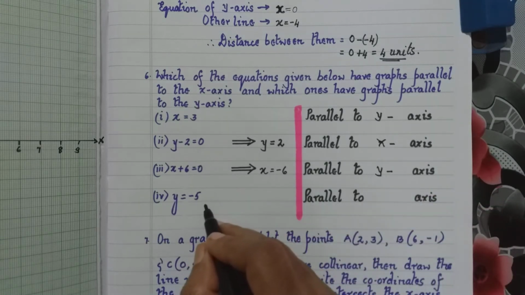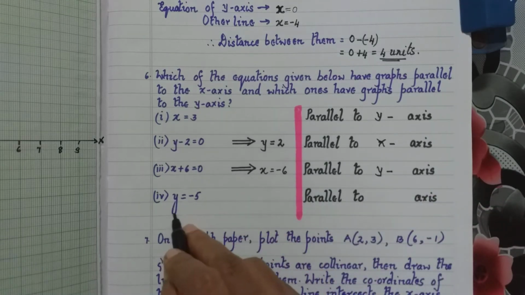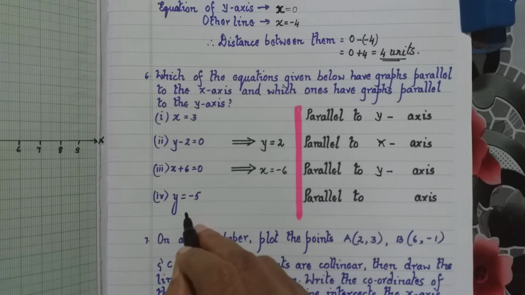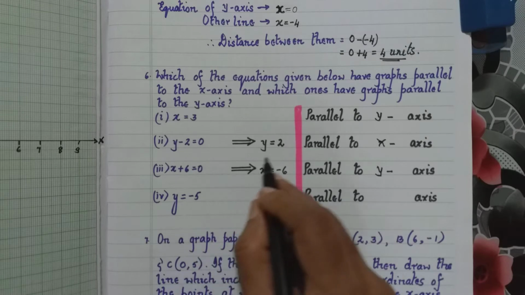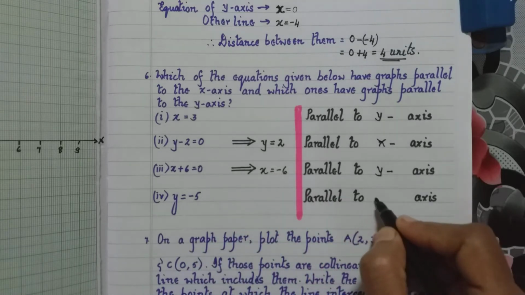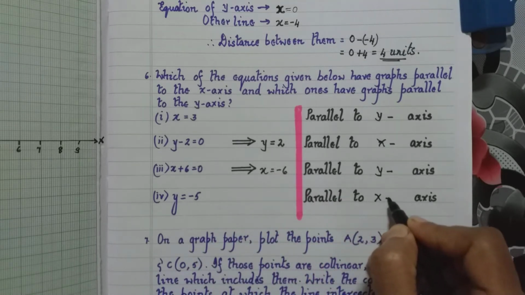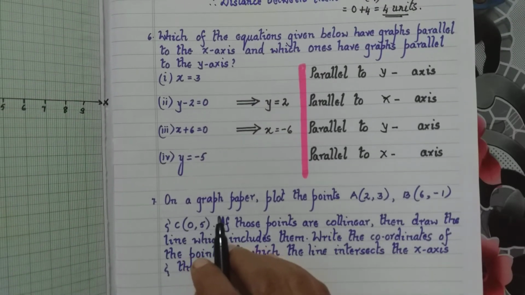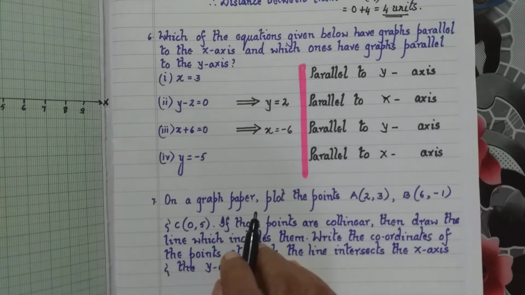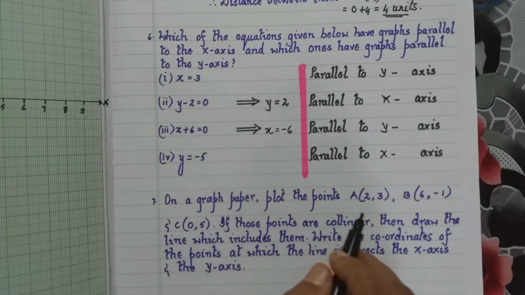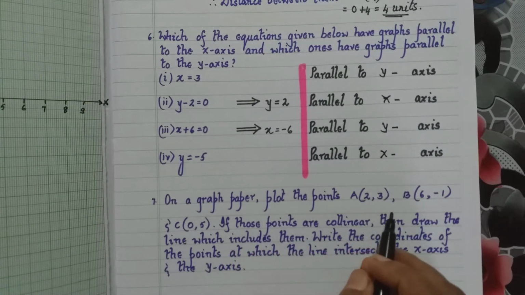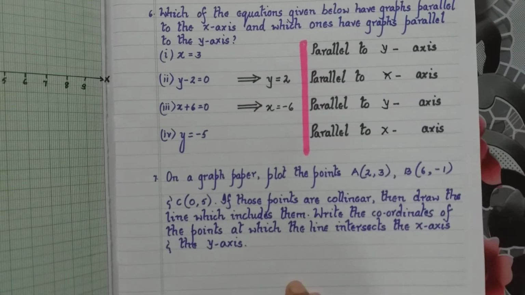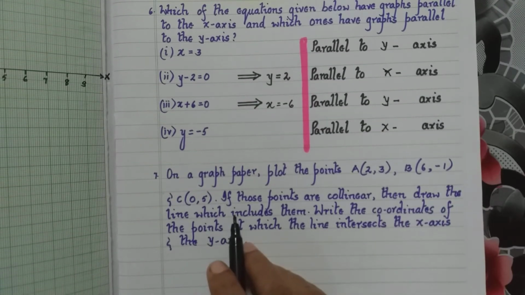Therefore, that line will be parallel to the y-axis. Coming next to y is equal to minus 5. So, this is a line with the equation y is equal to a constant. Therefore, it is parallel to the x-axis. Now coming to the seventh question, they have said on a graph paper, plot the points A 2, 3, B 6, minus 1 and C 0, 5.